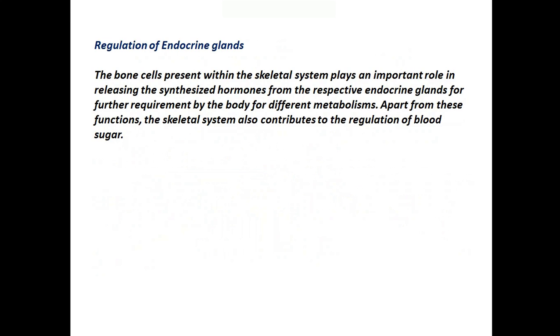The last function of the skeletal system is regulation of endocrine glands. The bone cells within the skeletal system play an important role in releasing the synthesized hormones from the respective endocrine glands for further requirement by the body for different metabolisms. Apart from these functions, the skeletal system also contributes to the regulation of blood sugar.